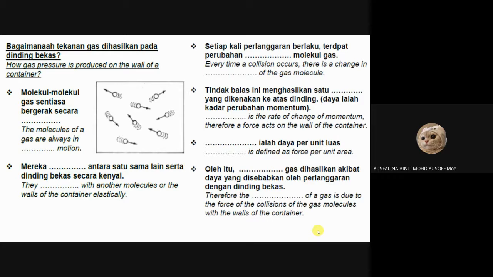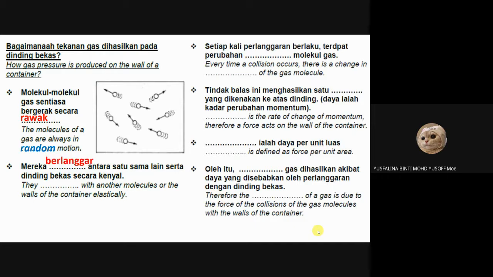The next one is about how gas pressure is produced on the wall of the container. Inside the container, the molecules of gas keep moving in random motion. They will hit other molecules, and sometimes they will hit the wall of the container.